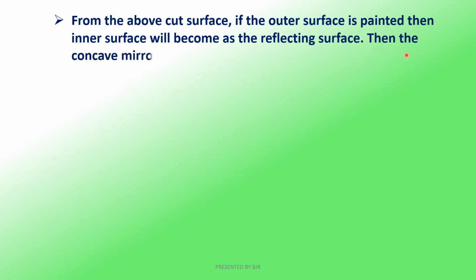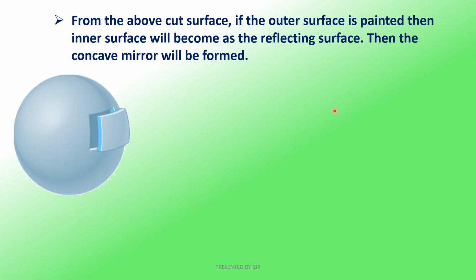Then the concave mirror will be formed. Okay, so from the above cut surface, if the outer surface is silvered or painted, then its inner surface will become the reflecting surface. Then the so formed mirror is called concave mirror.